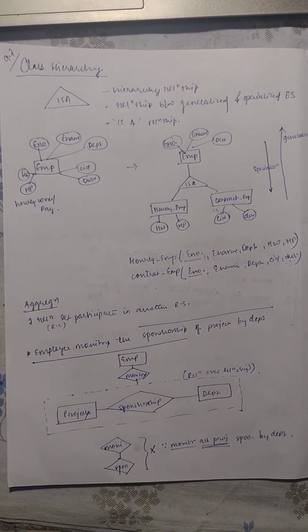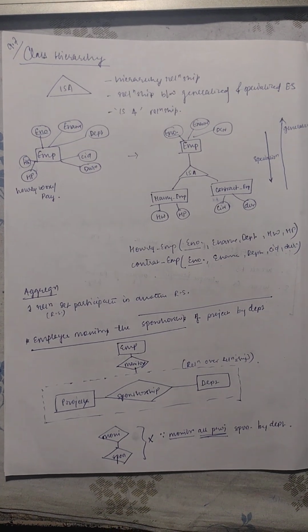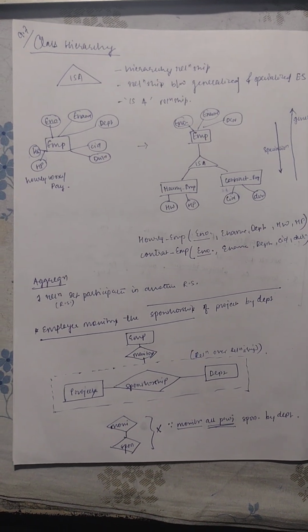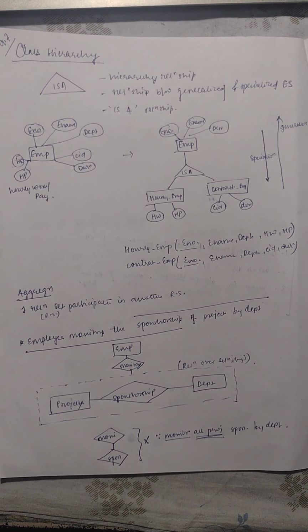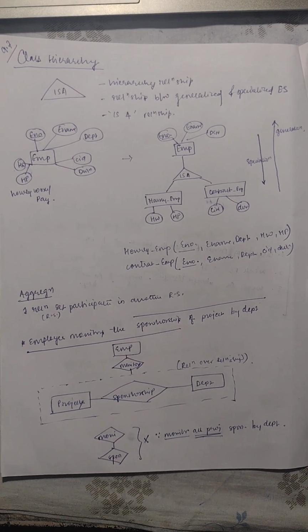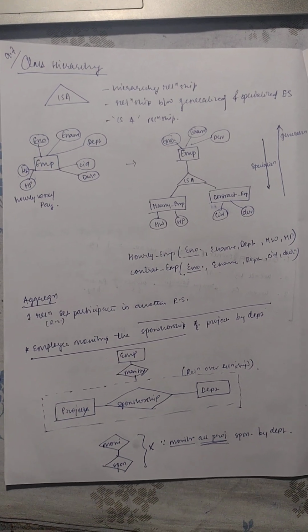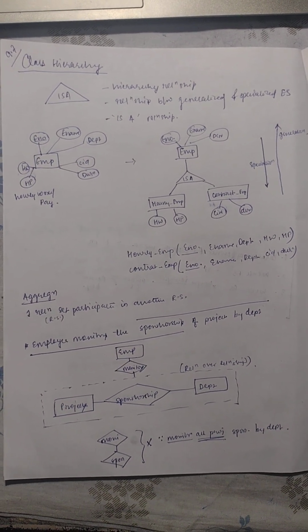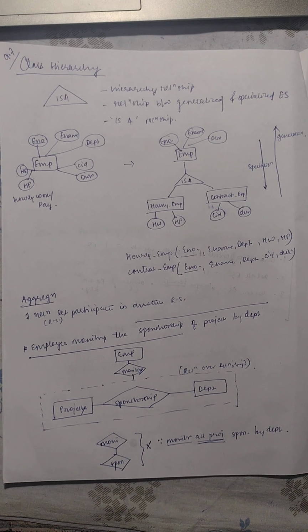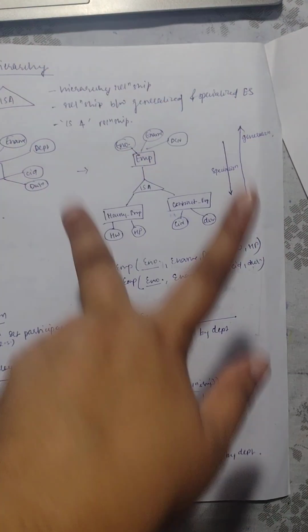But both of these will need to have employee number, employee name, and department as common for both of them. So this is coming in the higher hierarchy, and we can say this is the generalized part. To specialize, we will use an "is a" relationship like this, and we will separate them.